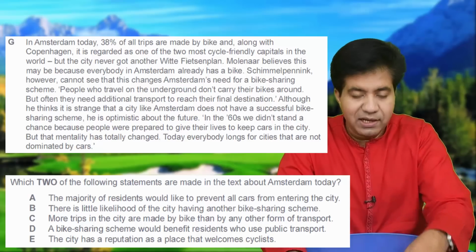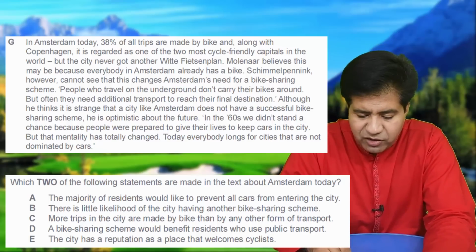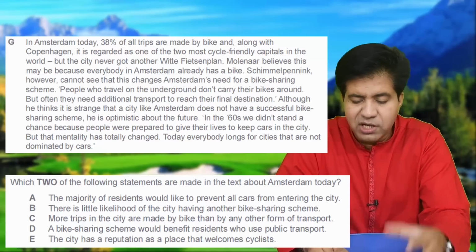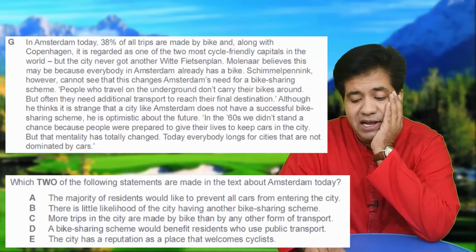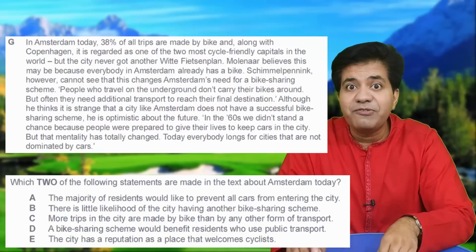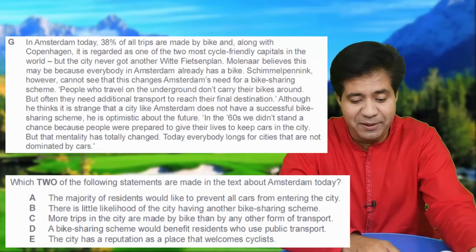Okay, now let's see. Last paragraph G. In Amsterdam today, 38% of all the trips are made by bike, and along with Copenhagen, it is regarded as one of the 2 most cycle-friendly capitals in the world. Cycle-friendly, it rings a bell.